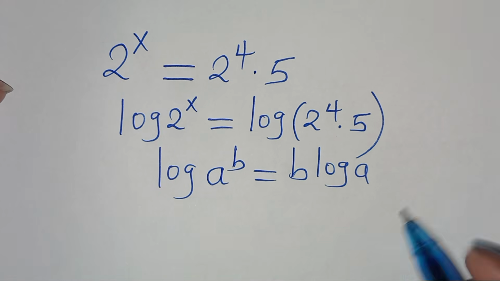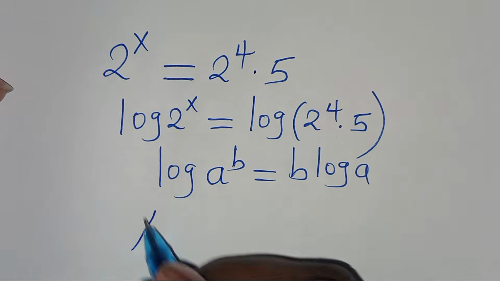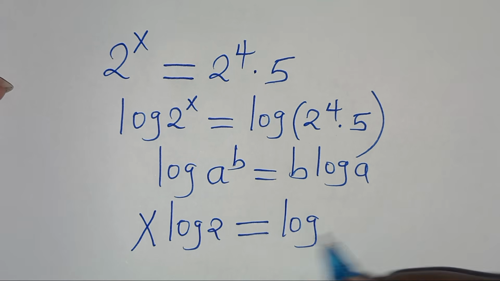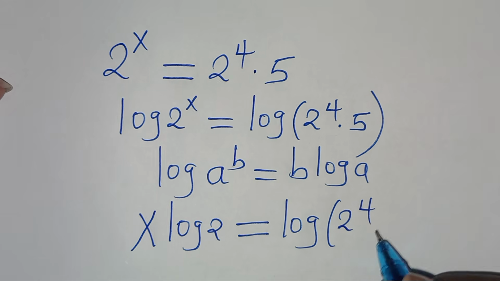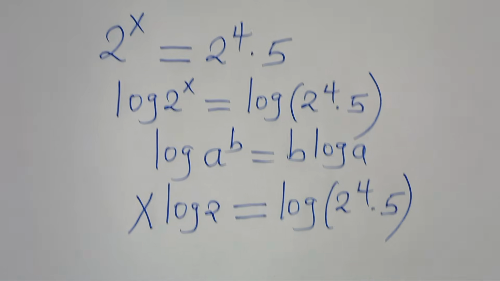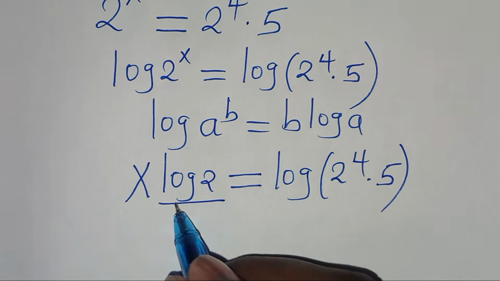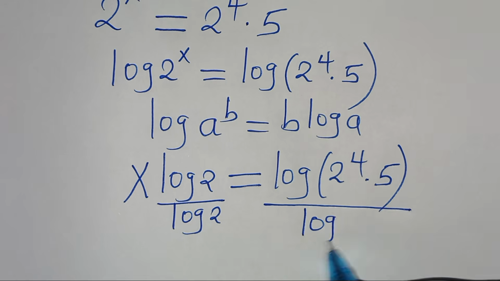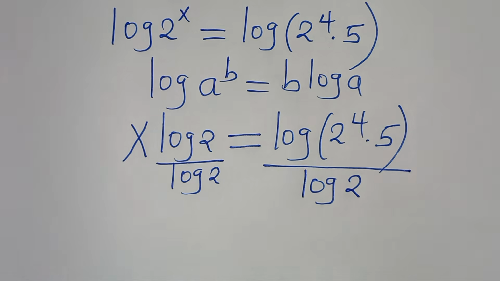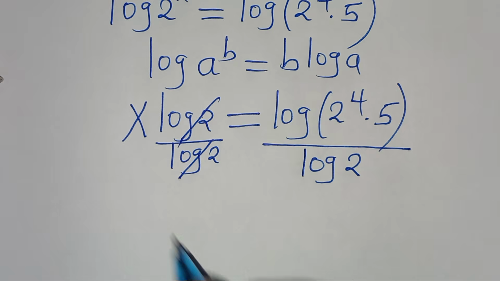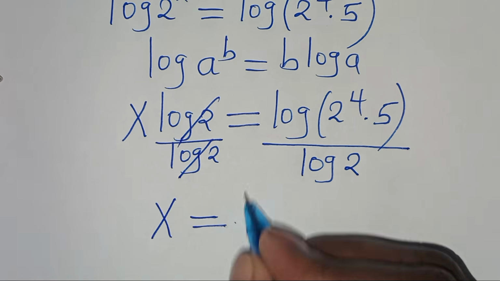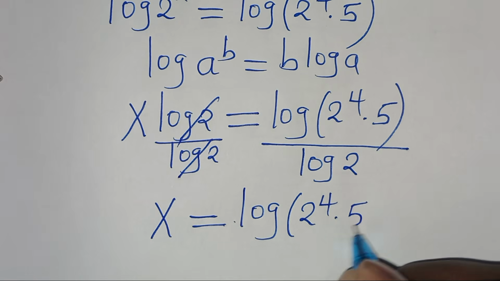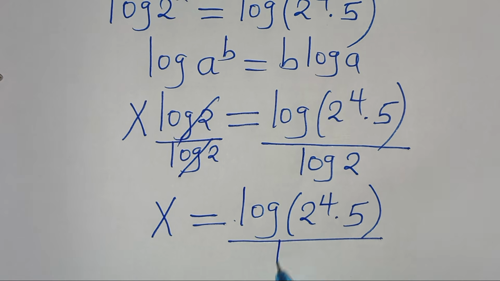Applying this power log property, log 2 to the power of x becomes x log 2, which is equal to log 2 to the power of 4 multiplied by 5. So let's divide both sides by log 2. Simplifying log 2 and log 2 here, x is equal to log of 2 to the power of 4 times 5, then divided by log 2.